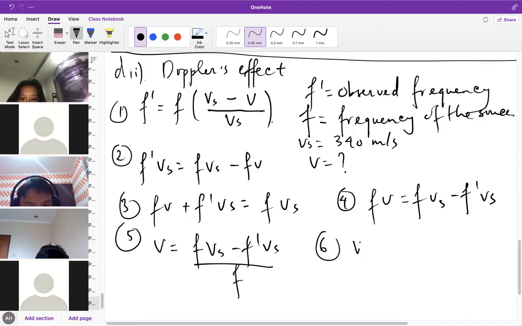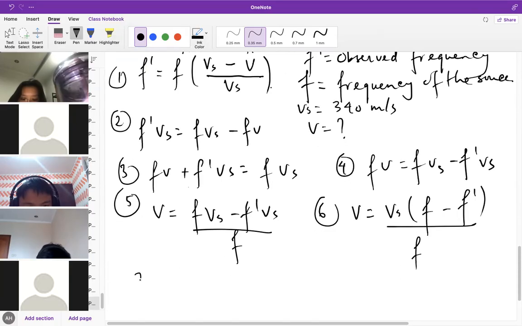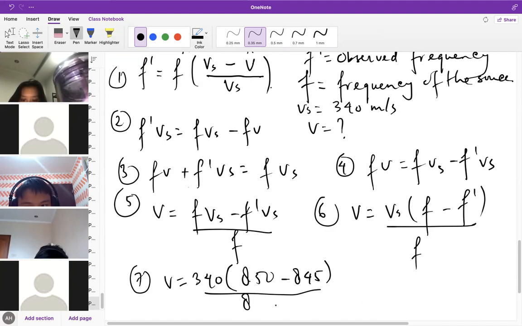Basically, v is equal to vs times (f minus f observed) over f. Then v is equal to 340 times (850 minus 845) over 850, and you have 2.00 meters per second. Done.